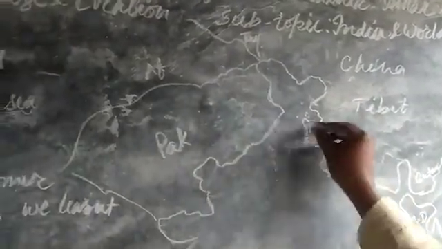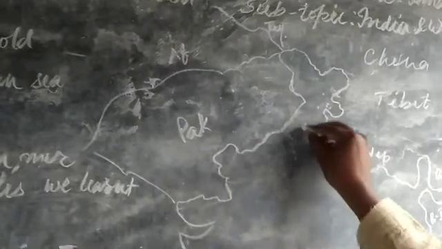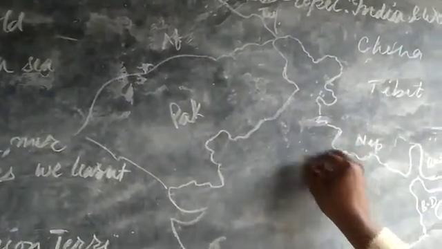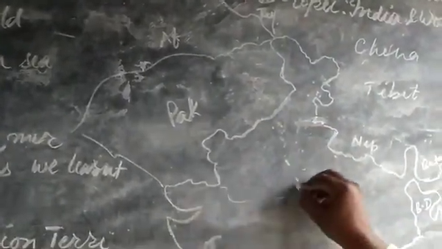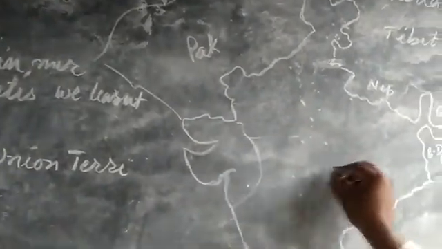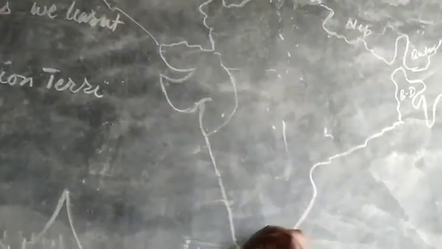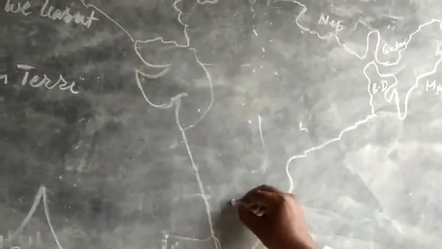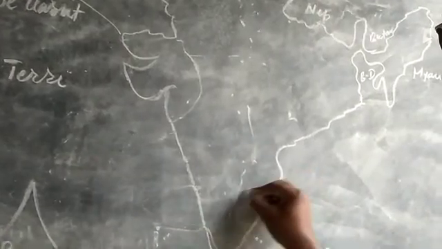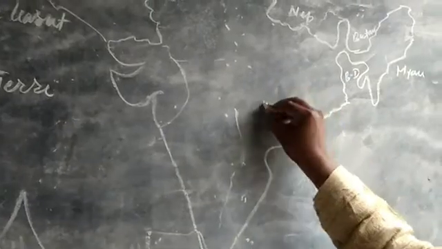Here it is Punjab, Himachal Pradesh, Uttarakhand, Haryana, Delhi, Rajasthan, and here it is Gujarat, Madhya Pradesh, Maharashtra, and here it is Kerala, and here it is Karnataka, and here it is Tamil Nadu, Andhra Pradesh, and Telangana.